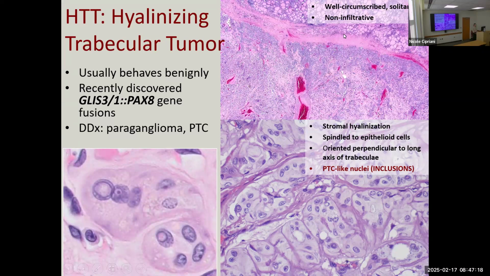It's really, really circumscribed and doesn't have papillae or follicles. It just has these trabecular cords, hence trabecular, these elongated trabeculae. And within the trabecular cords, the nuclei are wild. They're enlarged, they're grooved, they're wrinkled, they've got pseudo-inclusions. For all intents and purposes, this looks like PTC nuclei, but zoom out, it's not. So this is HTT, and it has recently discovered PAX8-GLIS1 or GLIS3 gene fusions that are unique to this morphology.